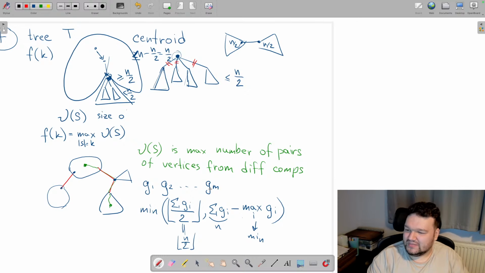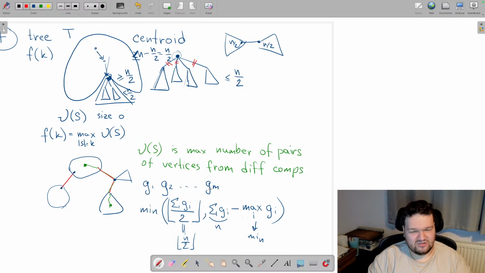As long as k is at least the degree of the centroid, we can make n over 2 pairs. Yes, that is correct. But it might happen earlier. As soon as we cut at least n over 2 rounded up from the centroid, we are good.